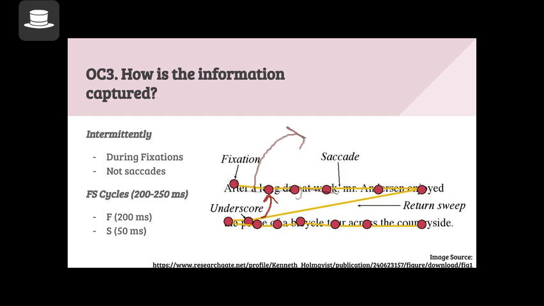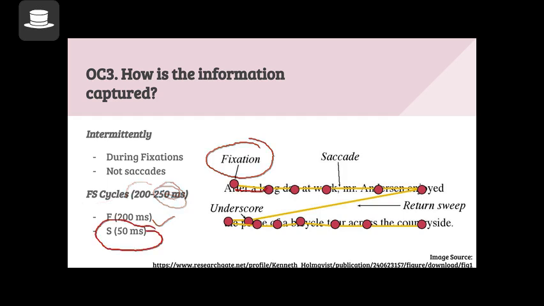And you go through fixation-saccade cycles, which roughly last, let's call it 250 milliseconds for our convenience. Of this 250 milliseconds, 200 milliseconds are spent on fixation, and 50 milliseconds are spent on saccade.